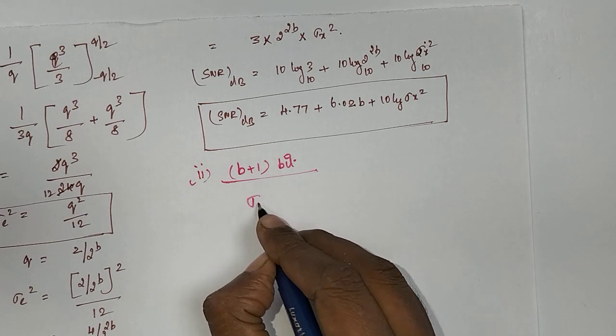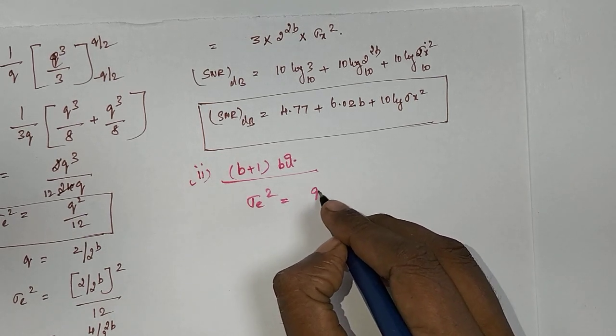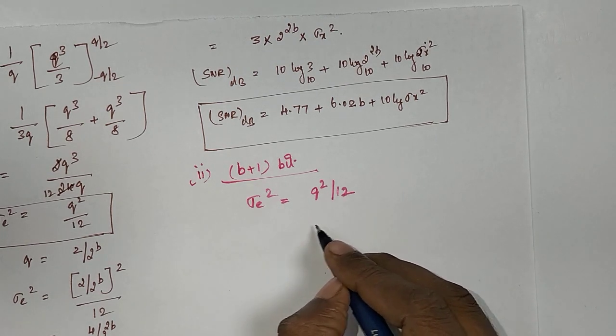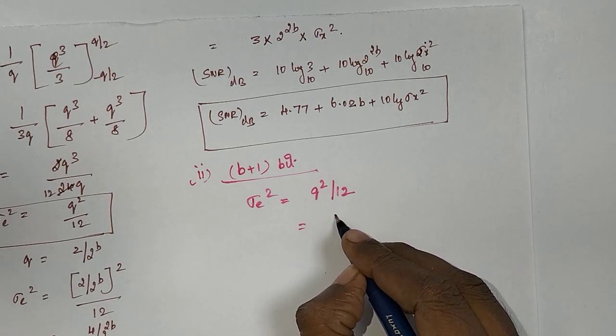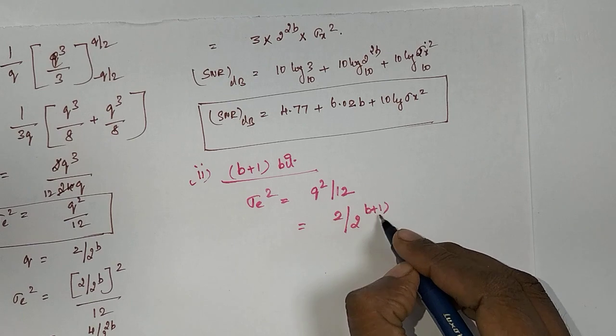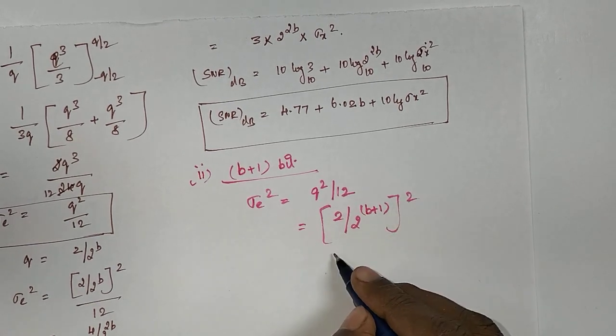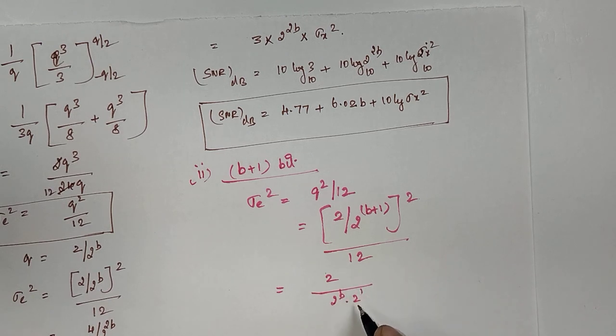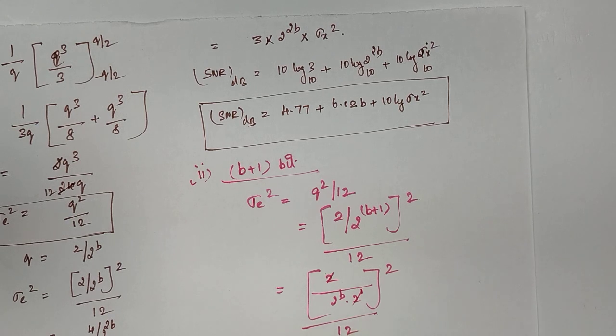The same thing: you know that quantization noise is q square by 12, and for b plus 1 bit, for the same range, it is 2 divided by 2 power b plus 1, squared, divided by 12. I write 2 power b plus 1 as 2 power b into 2 power 1, so this will get cancelled, divided by 12, which is equal to 1 by 2 power 2b divided by 12.